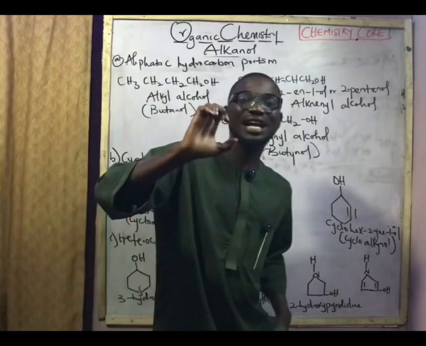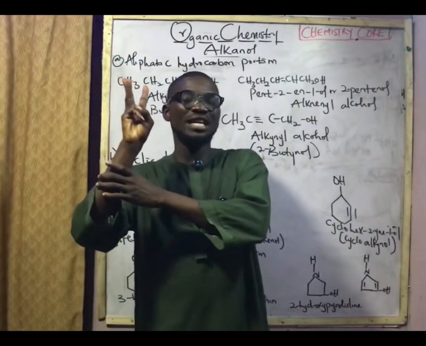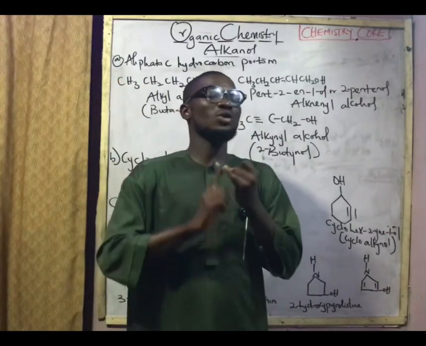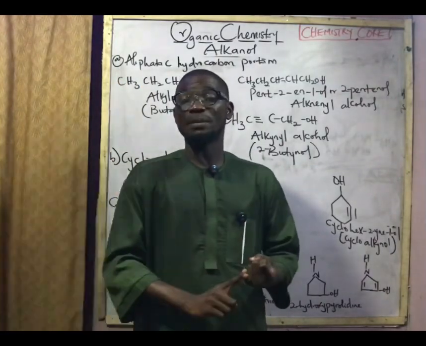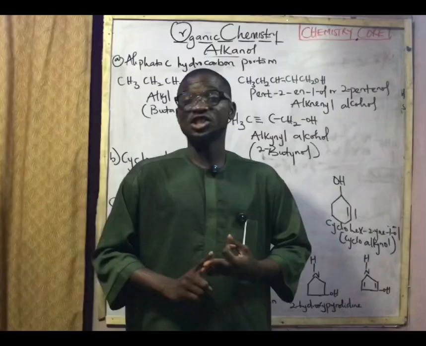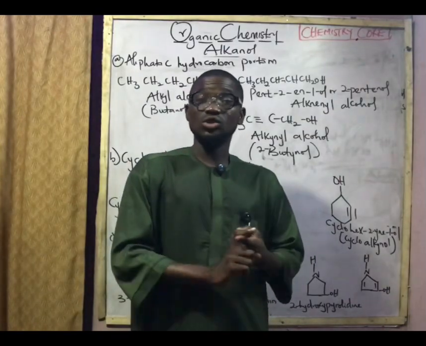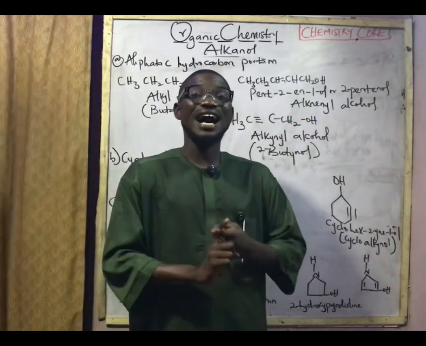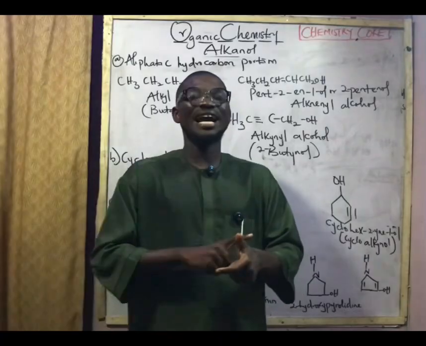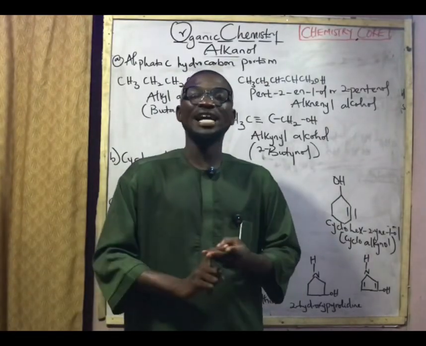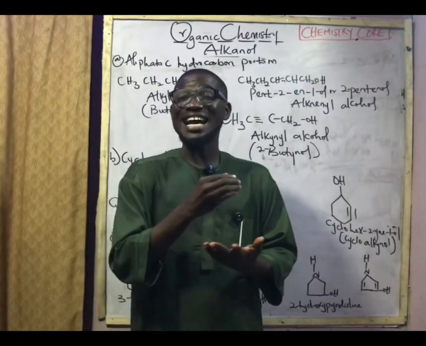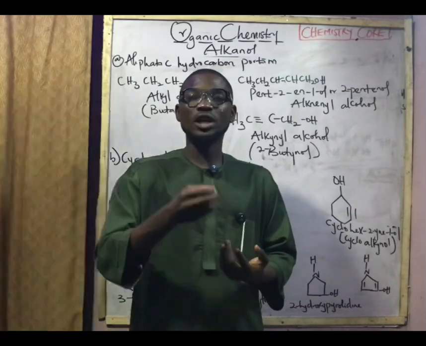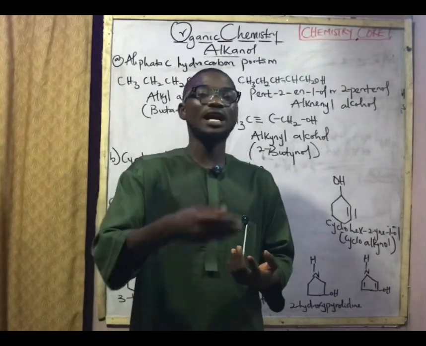Before we start this class, we'll take a look at the definition of alcohol, the formula of alcohol, which is CnH2n+1OH, and we take a look at the classification. And I stress that we have 3 classification of alcohol. The first one is they are classified as primary, secondary, and tertiary, and the other one is they are classified as the monohydric, dihydric, trihydric, or polyhydric, while the last one is they are classified as molecular configuration of hydrocarbon portion.